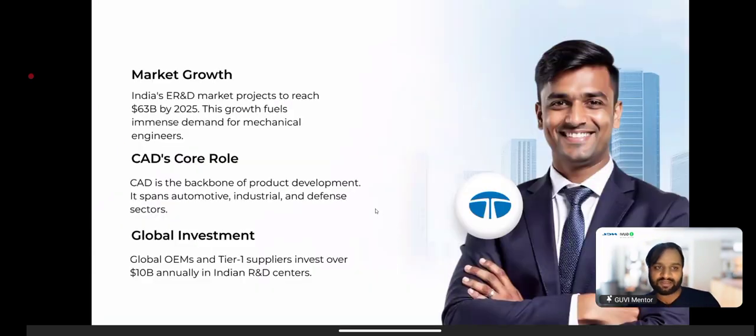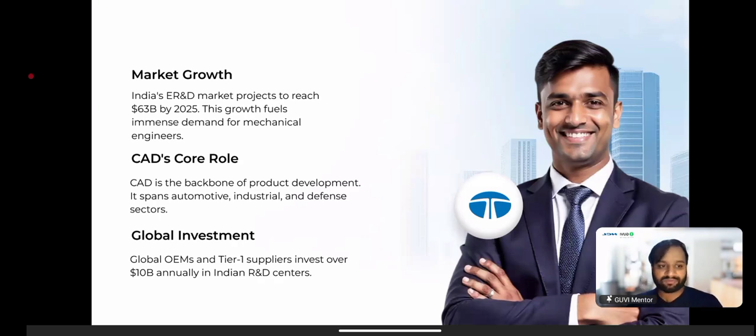As you can see here in the next slide: market growth, CAD core role, and global investment. Market growth: the India market is projected to reach $63 billion this year. So the CAD role will be more required, because there will be more product development in the market, and if there is more product development, then designer requirement will be more.